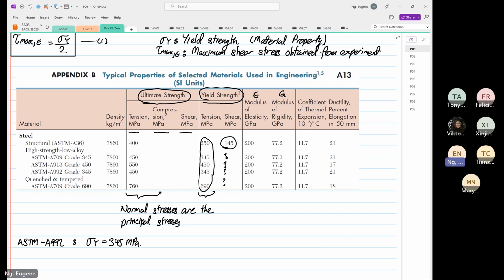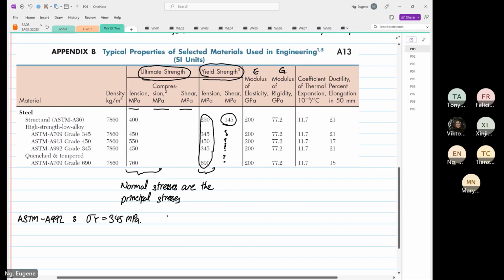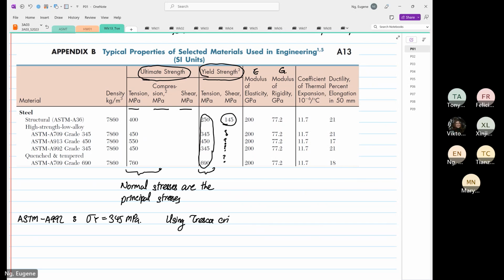Using Tresca criteria, tau max is equal to stress yield divided by 2. So 345 divided by 2 is 172.5 times 10 to the power 6 Pascal. You can declare that.